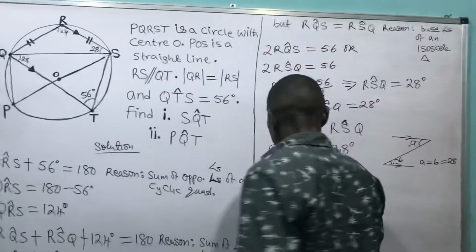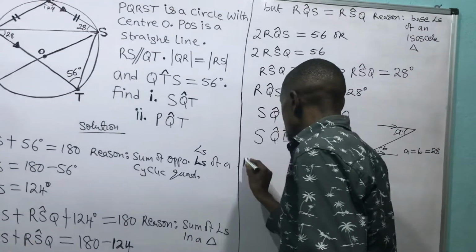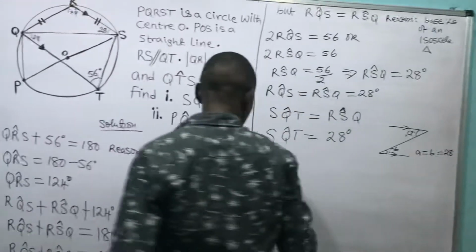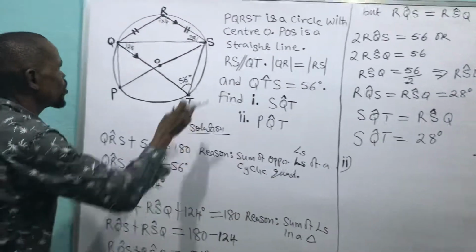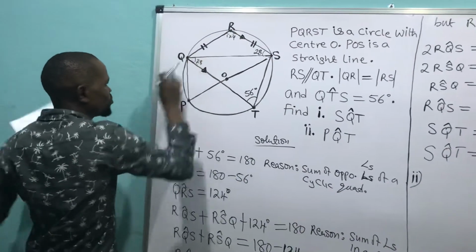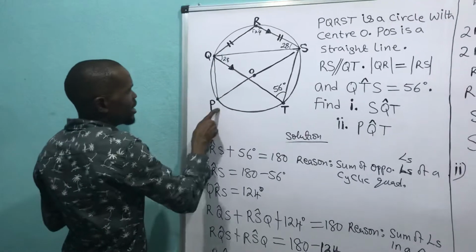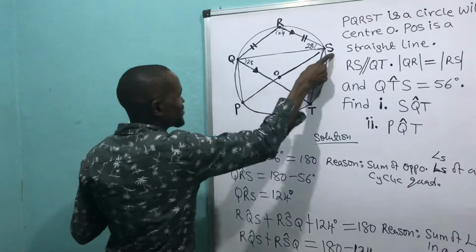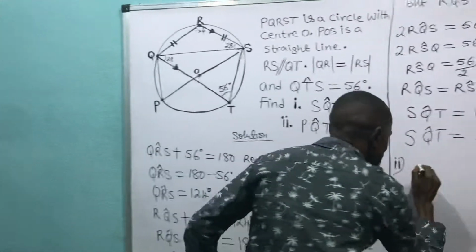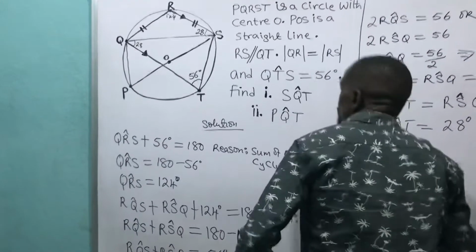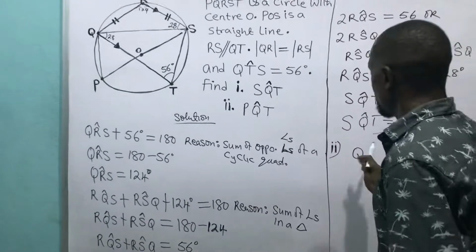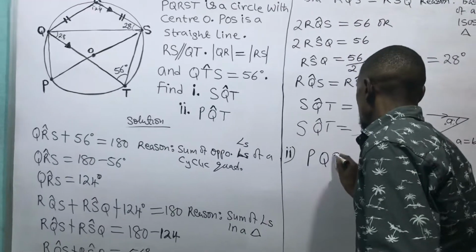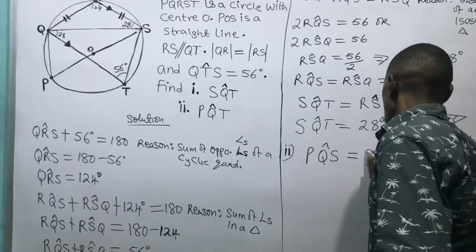Then we go for question II, that's where we are now. The question II said, from here, I can say that angle PQX is 90.